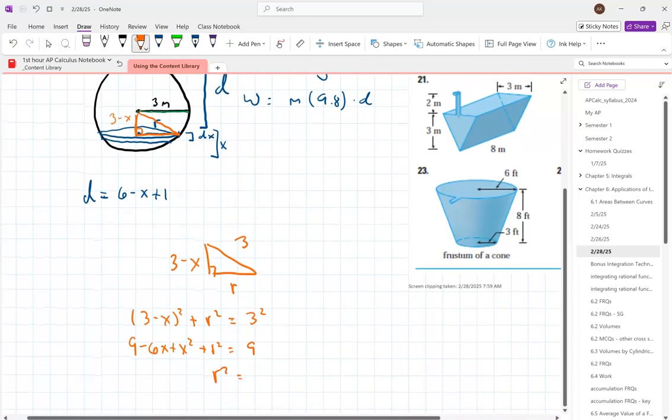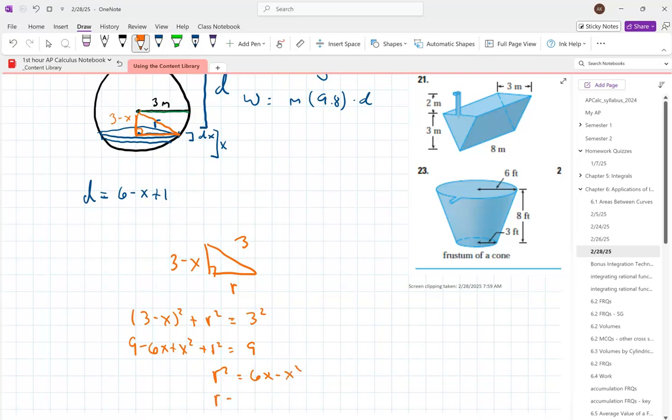So r squared has to equal 6x minus x squared. So I think that's my radius. Does that feel okay? I had to play around to find the right triangle.